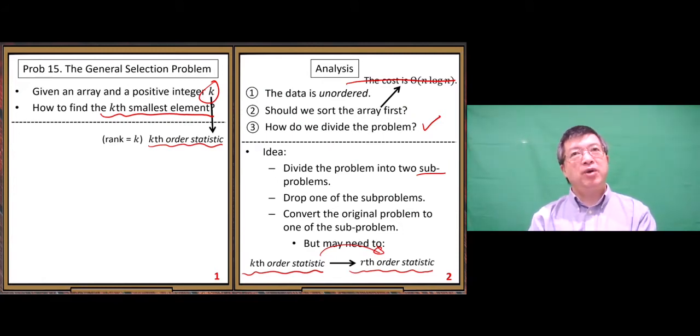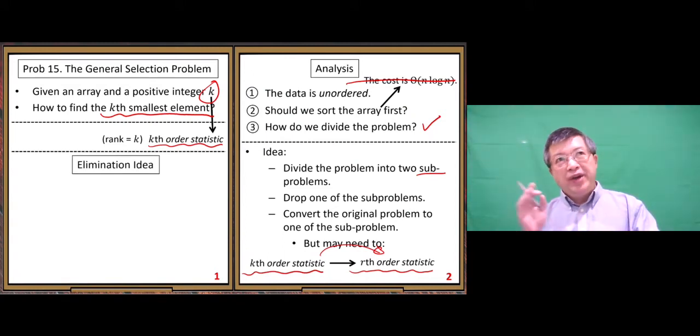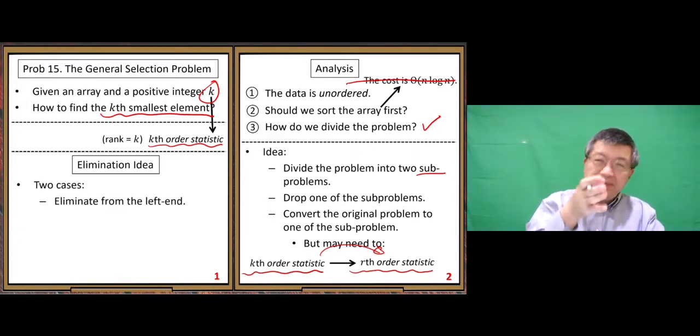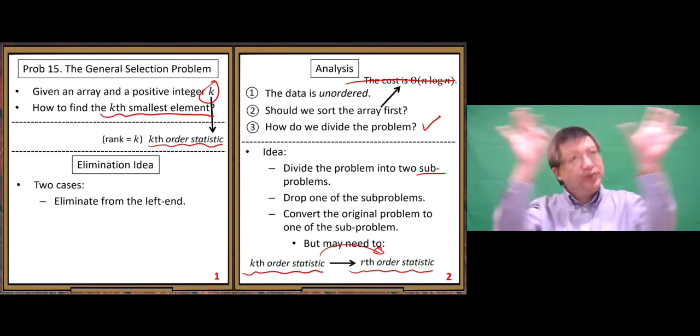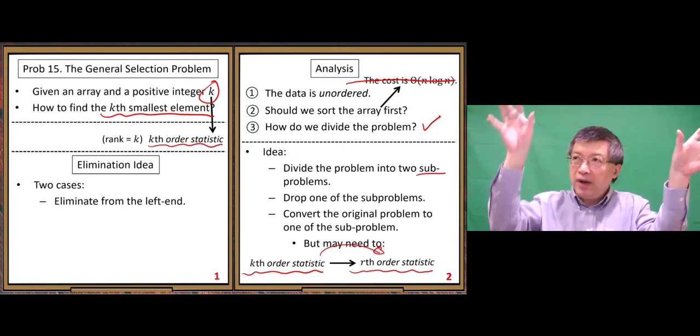Last one, 3.4. Elimination idea. When we consider the elimination idea, there are two cases where we can do the elimination. The first one, eliminate from the left end. An array has two ends, left end and right end.